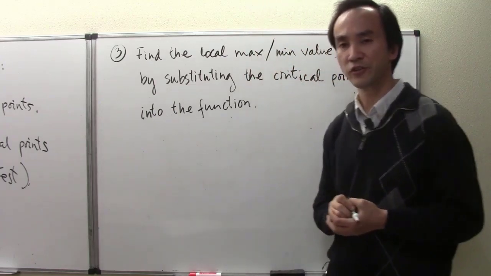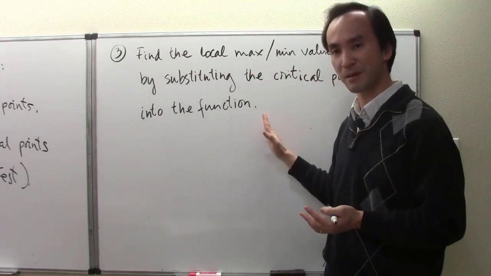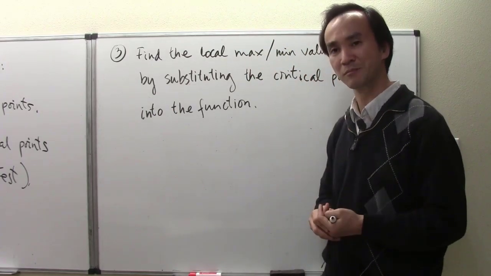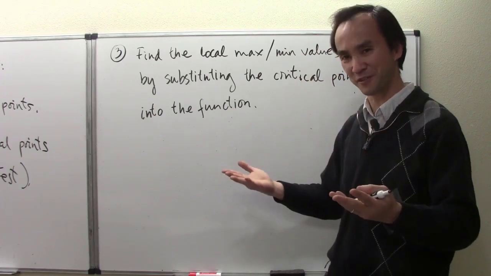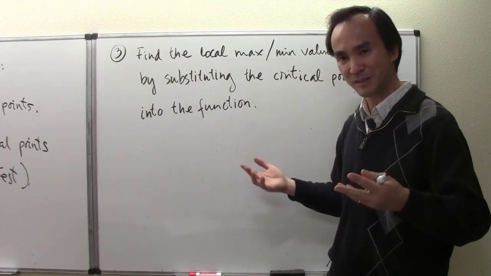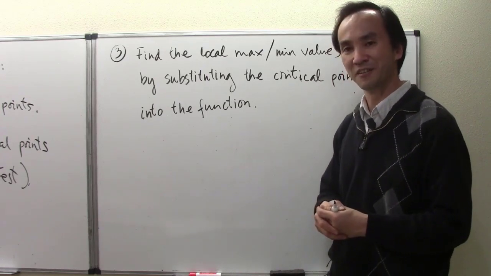So that introduces for us the steps. After the 3 examples being put together, that introduces the steps of how we can, as a standard, find the local maximum and the local minimum values of a given function.